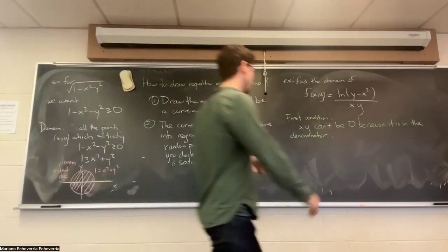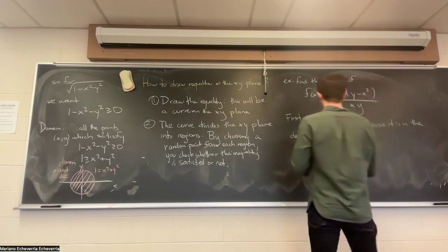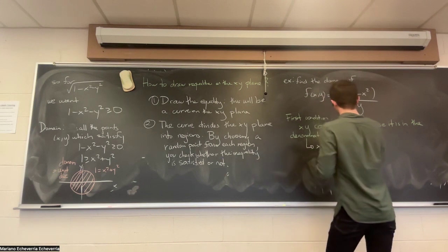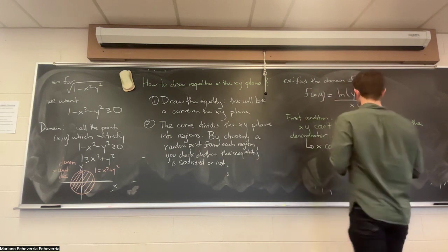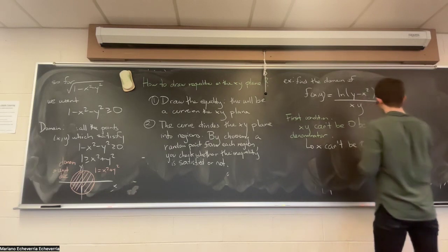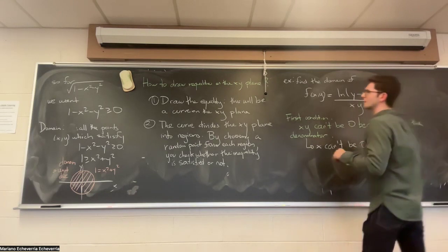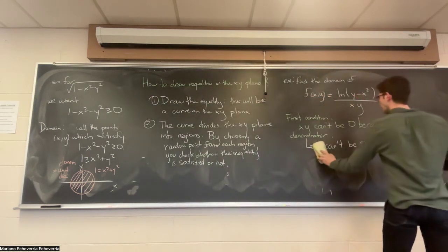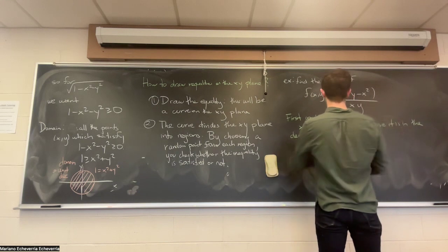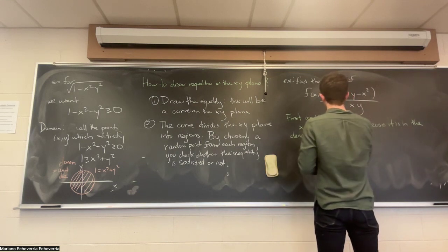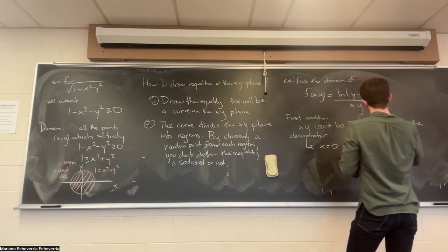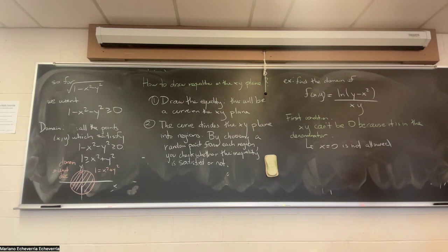So let's say it in a more straightforward sense. x equals zero is not allowed, right? Because if x is zero, then you're done. The denominator becomes zero.